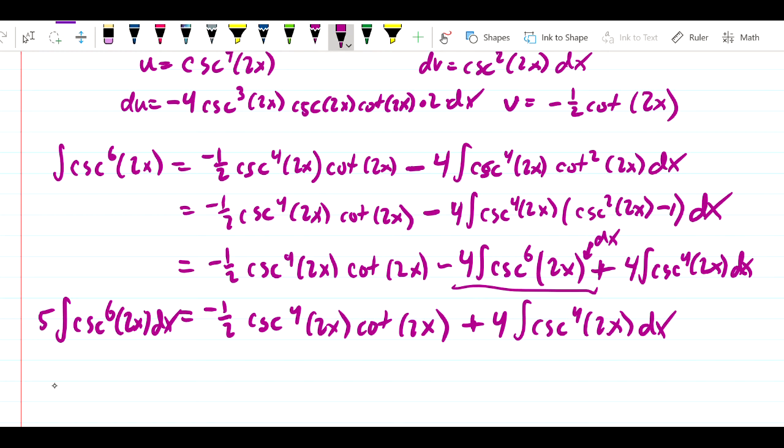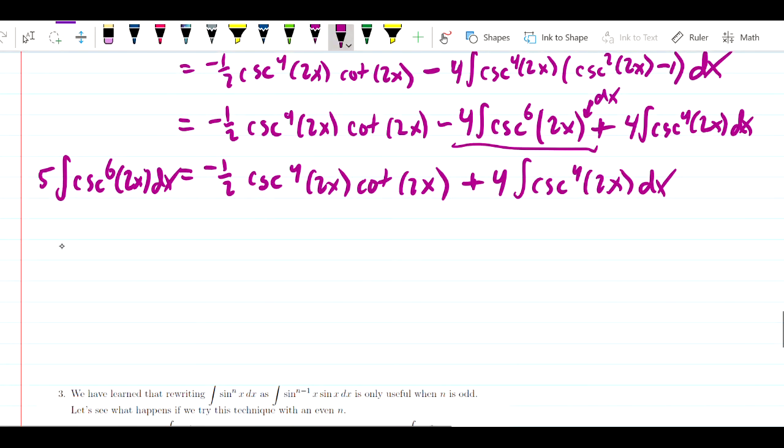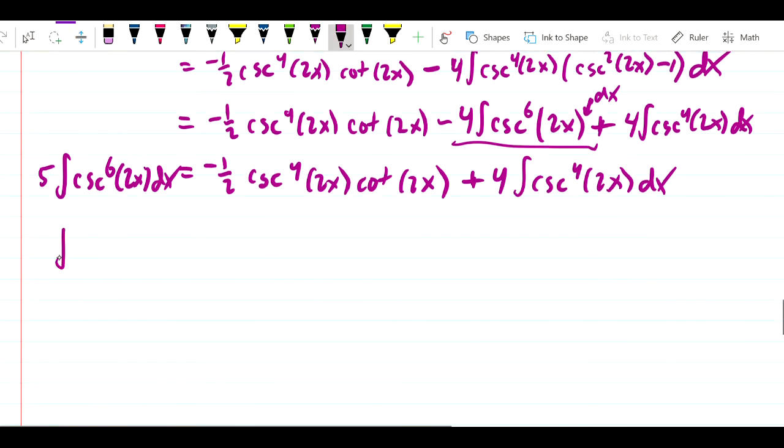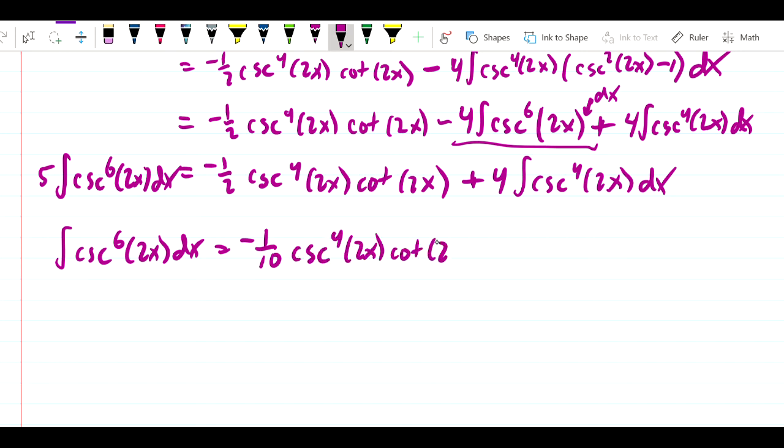And now I can finish the problem. So the integral of cosecant to the 6th 2x dx equals negative 1/10 cosecant to the 4th 2x cotangent 2x plus 4/5 integral of cosecant to the 4th 2x dx.